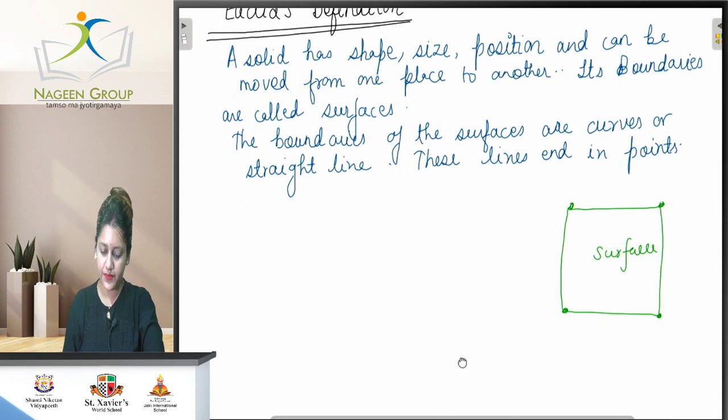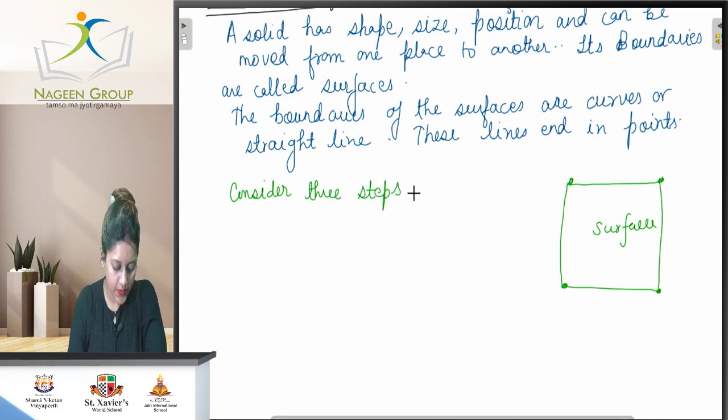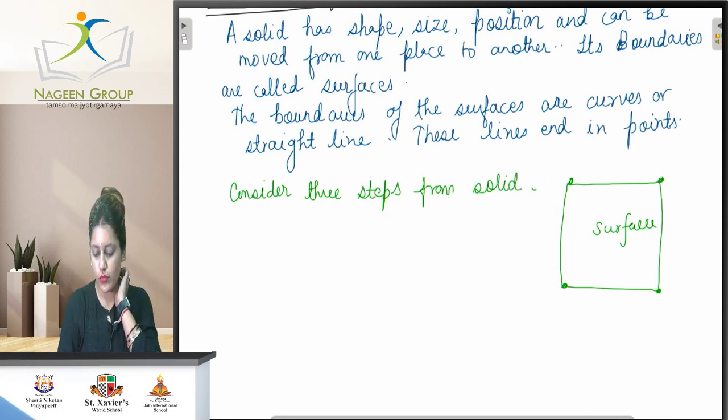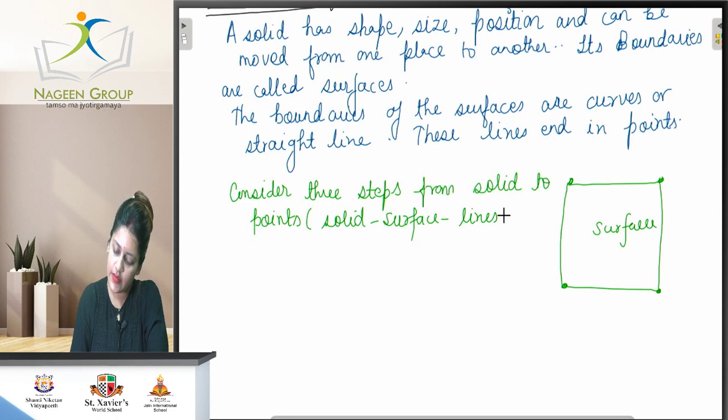After that we have learned to consider the three steps from solid to point, that is solid, surface, lines and points.